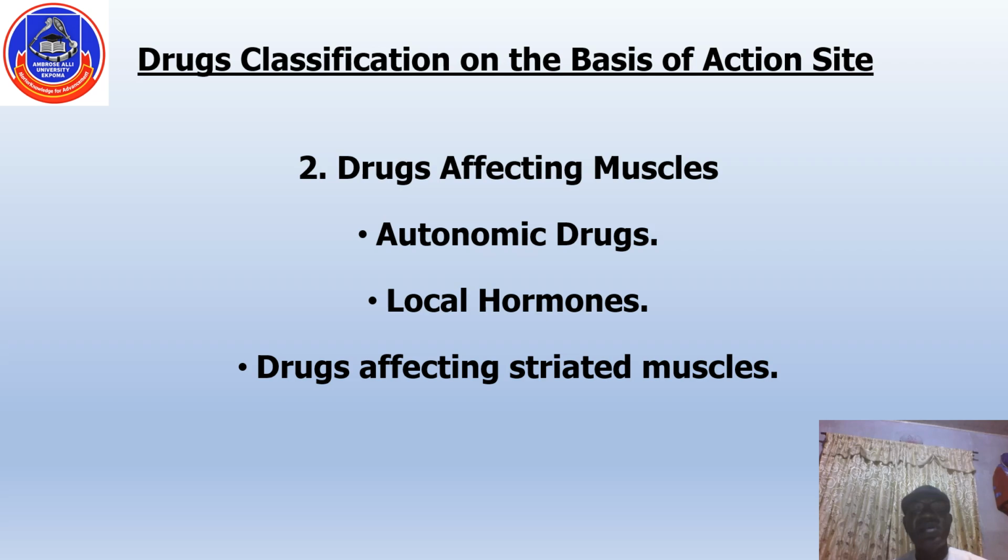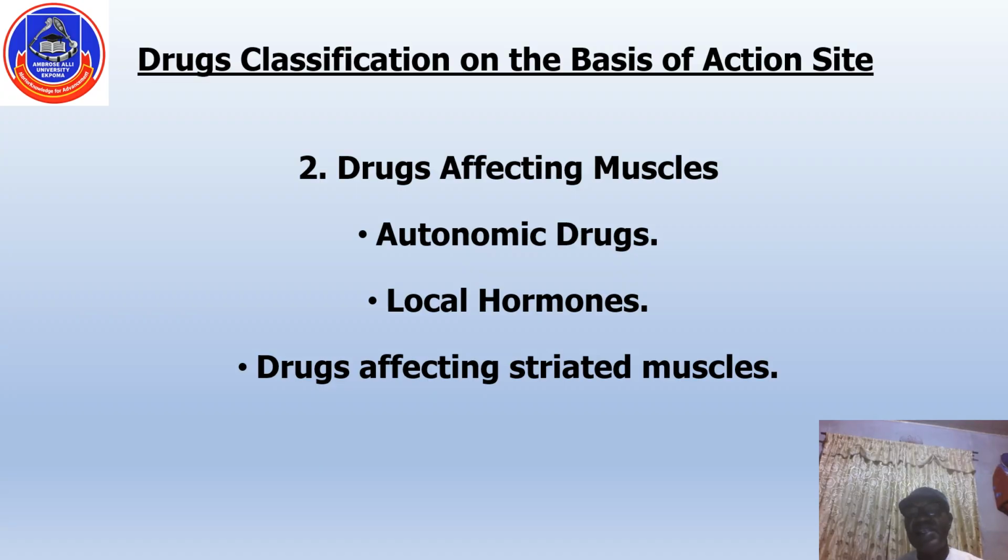The second is drugs affecting muscles. We have the autonomic drugs, we have the local hormones, and we have drugs affecting striated muscles. You know that muscles are divided into two.